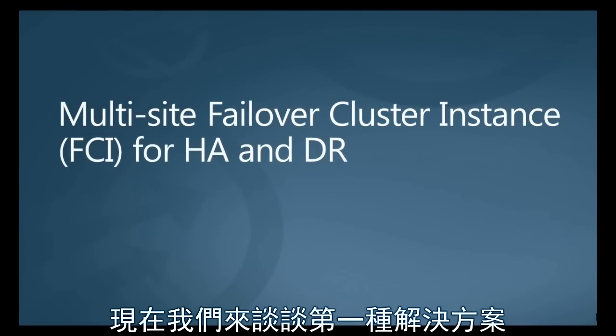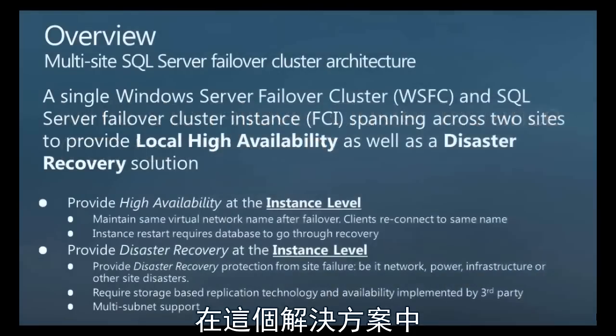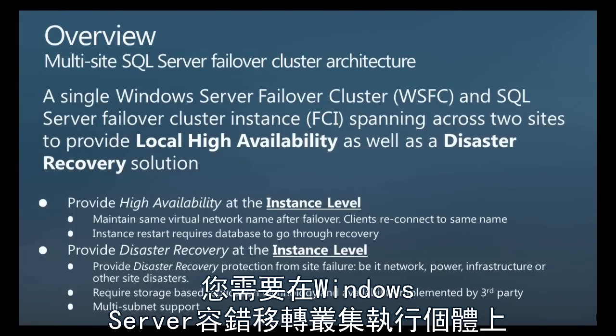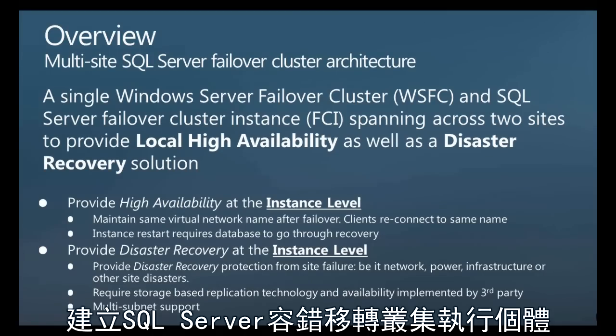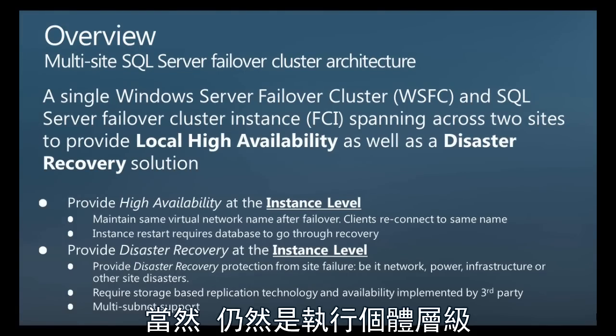Now let's talk about the first solution, multi-site failover cluster instance. In this solution, you create a SQL Server failover cluster instance on top of a Windows Server failover cluster across multiple sites. This solution provides you with local HA as well as disaster recovery at the instance level.